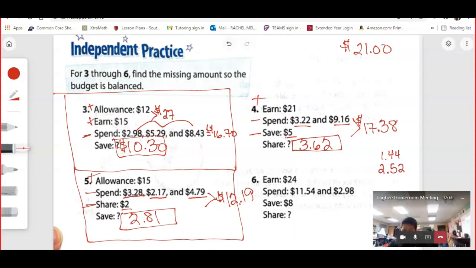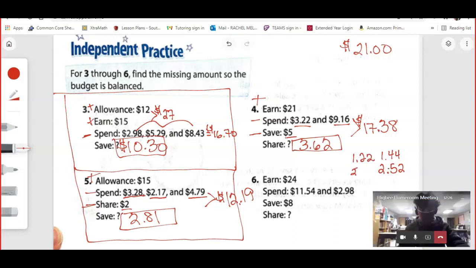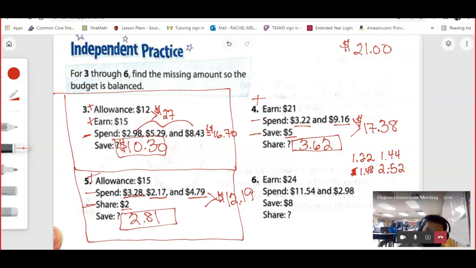Israel? $1.22. Okay. Anybody else? Rita? $2.52. Oh, you did get this one? Okay. Anybody get something that's not on the board yet? Anthony? $1.48. $1.48.